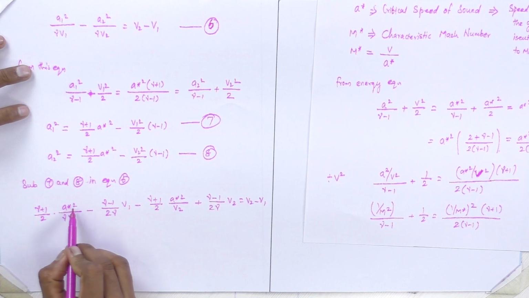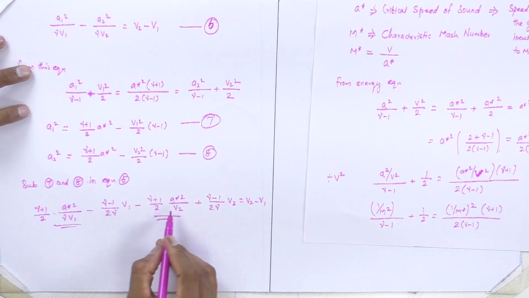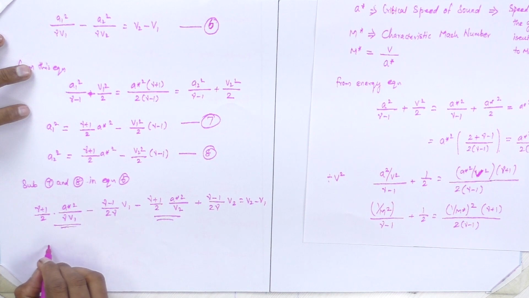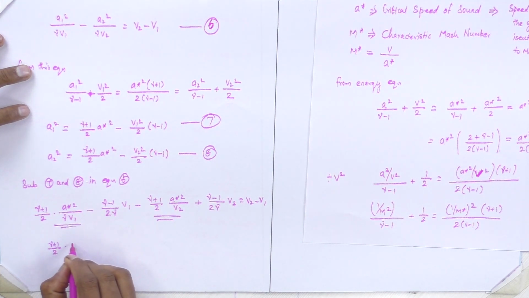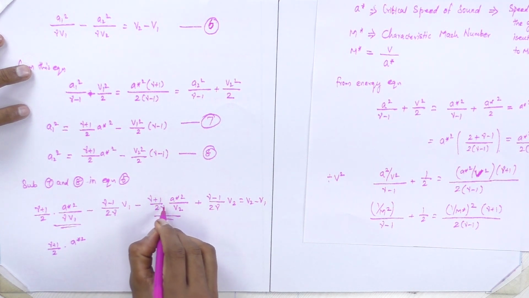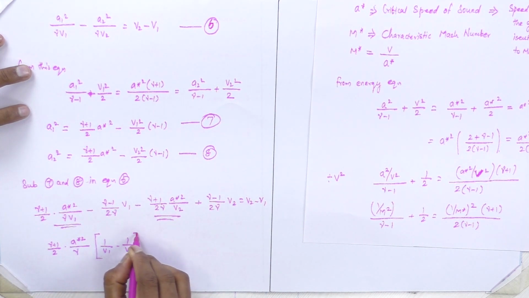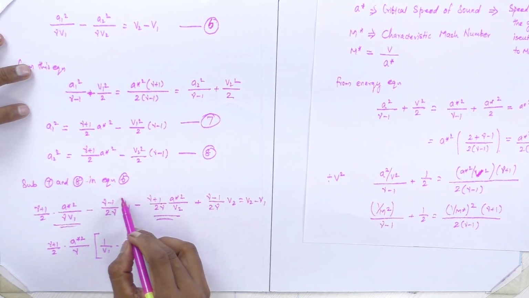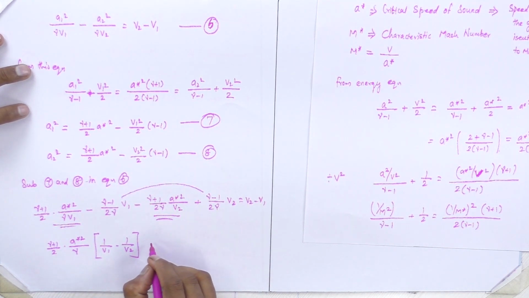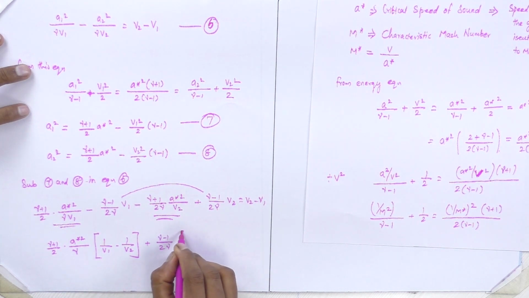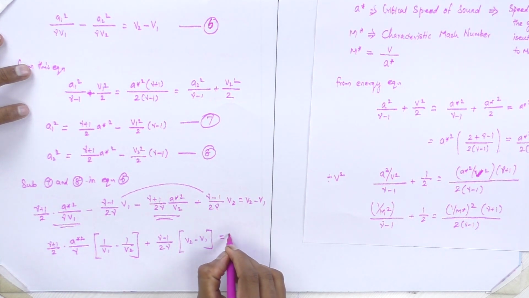Now from these two terms we can take the common terms, that is (gamma plus 1)/2 into a star square divided by gamma, so we will get 1 by v1 minus 1 by v2. Then from these two terms we can take (gamma minus 1)/(2 gamma) outside, so we will get v2 minus v1.